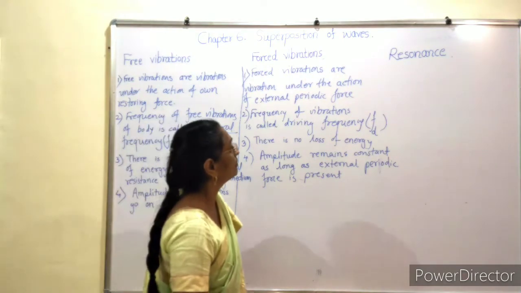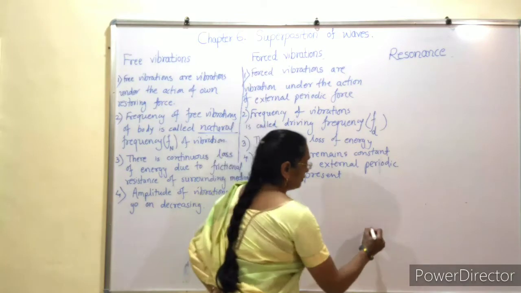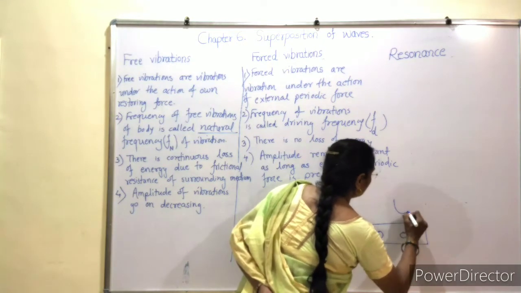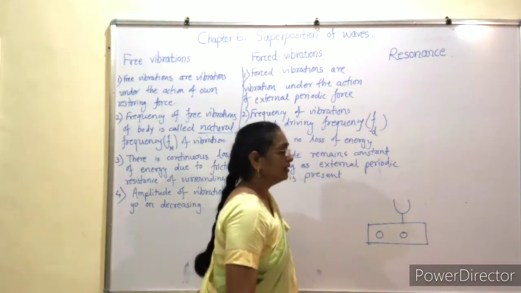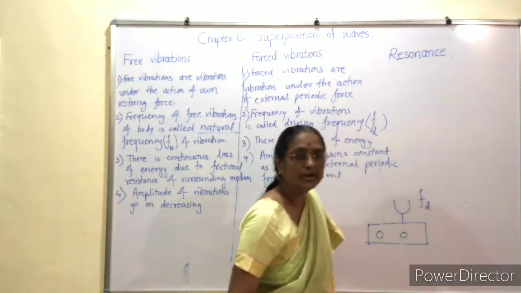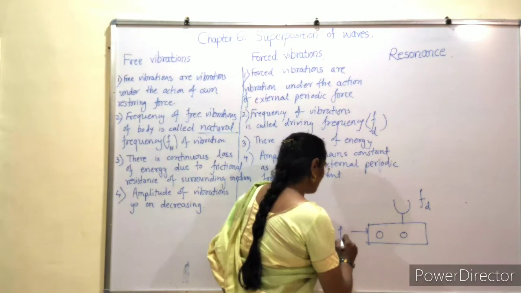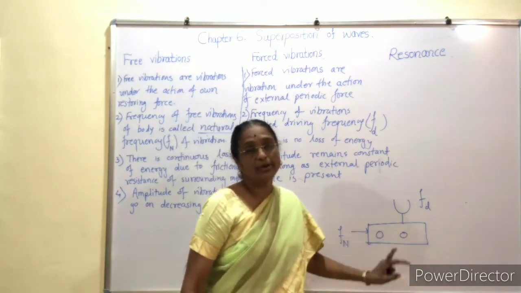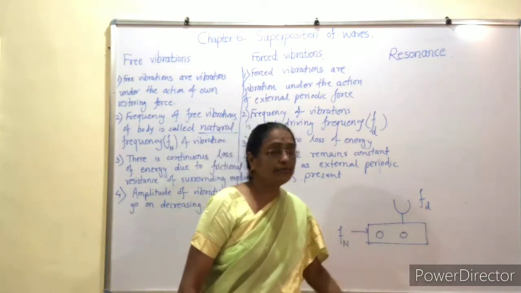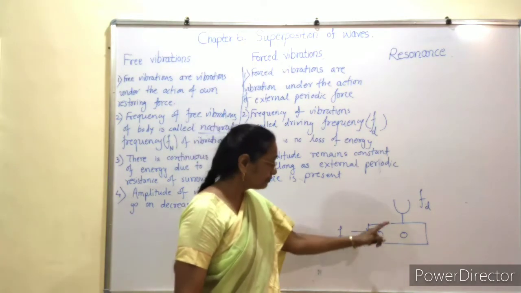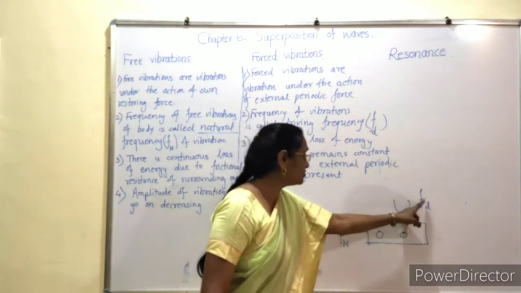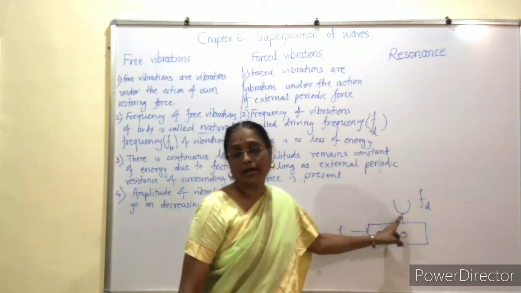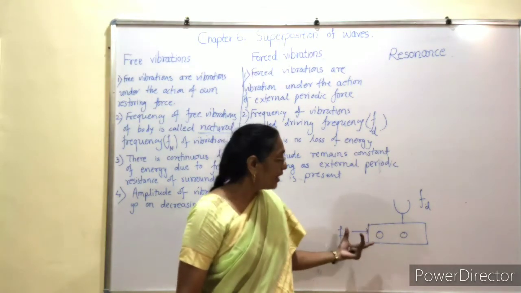Now, when we consider the example of the hollow box and a tuning fork, the tuning fork has frequency Fd, and the box has its own frequency, that is Fn, the natural frequency. It can vibrate with its natural frequency also, and Fd is the driving frequency. The values are different, and we can have tuning forks with different frequencies.